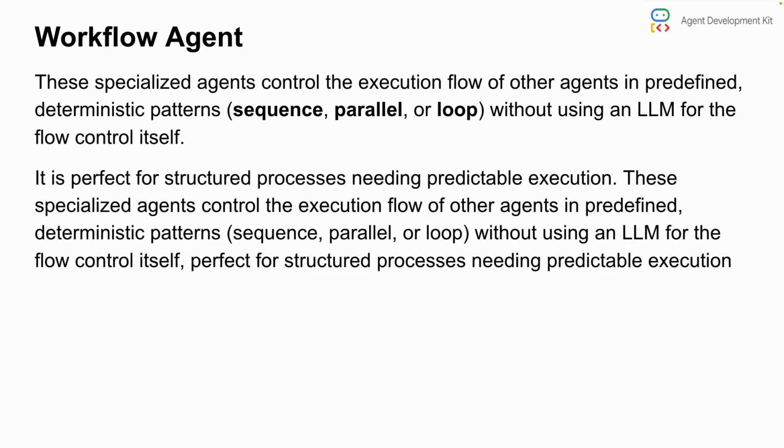Now the workflow agent is a specific type of agent for when you need multiple agents to collaborate. Say you want to perform a specific task in a deterministic fashion, meaning the first agent will be executed, then the second agent, and then the third agent. When you want this flow of agents to be deterministic, we use the workflow agent.